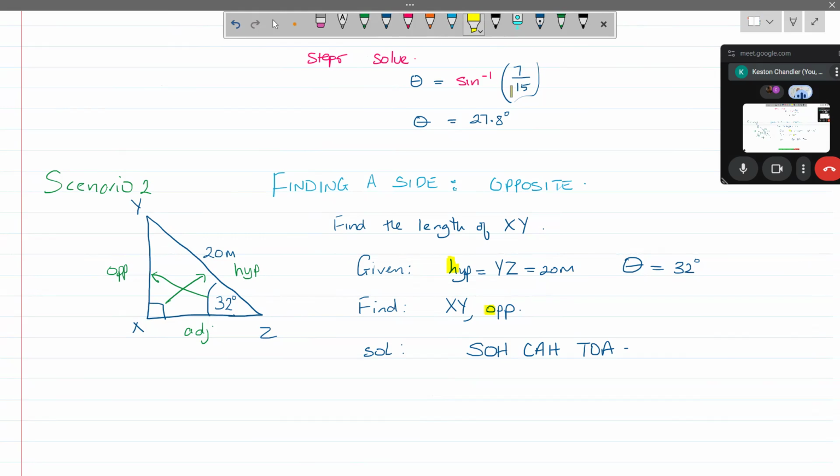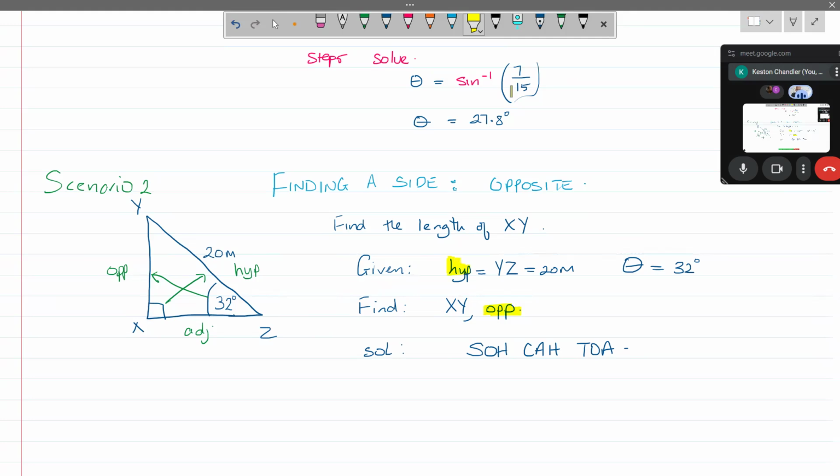Either you have opposite and hypotenuse, adjacent and hypotenuse, or opposite and adjacent. So anytime a question like this presents itself, you have to think about which 2 sides are involved in the question. In a scenario like this where you're finding a side, one of them would be the side you're finding, in this case the opposite, and the other side is the hypotenuse.